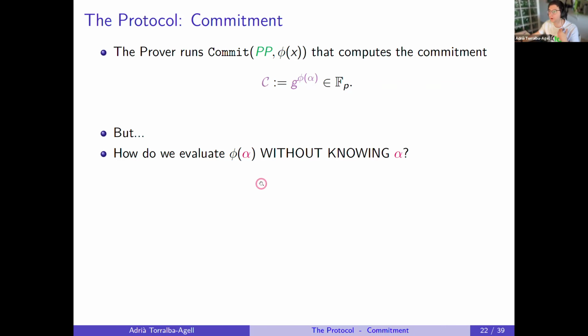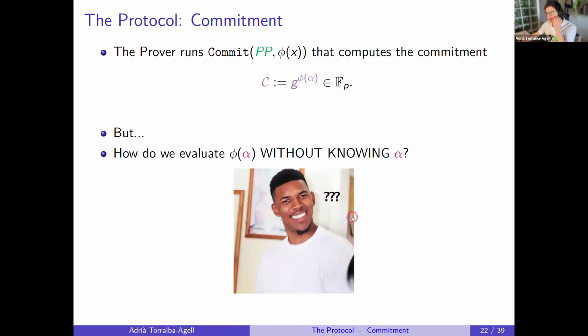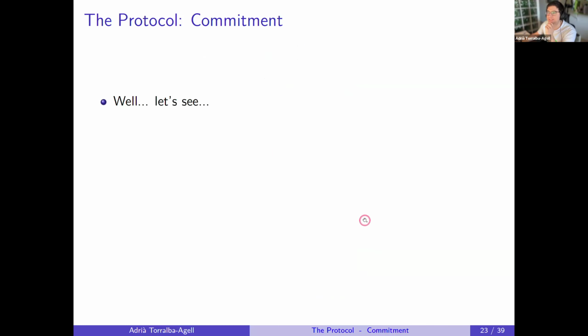So how do we evaluate that? Well, let's see, okay? Because recall that from the public parameters, G, we have G to the alpha square, all the way along until G to the alpha t, where t is the maximum degree of the polynomial we allow, okay? Now, our commitment C is defined as G to the phi alpha, right?